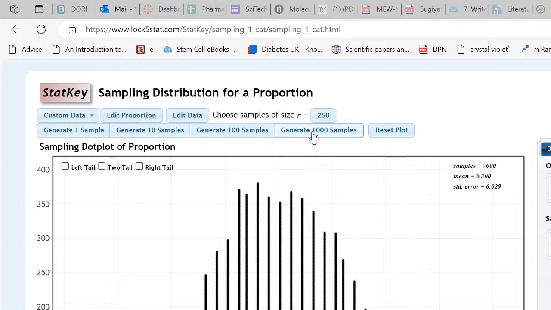And 10,000 again, 0.3 and 0.029. Yep, as the sample size increased, the standard deviation decreased. And the mean stayed the same. So, observe the shape, center, and spread of these four sampling distributions.